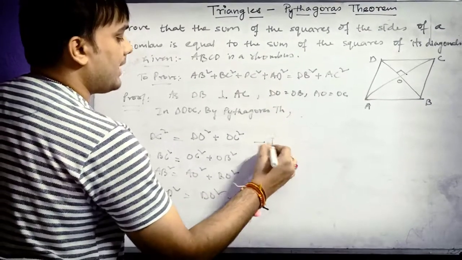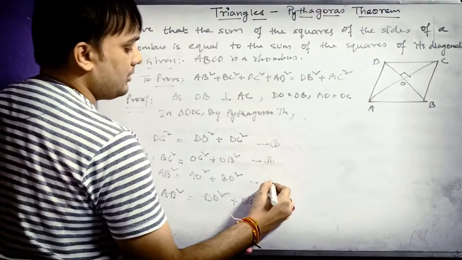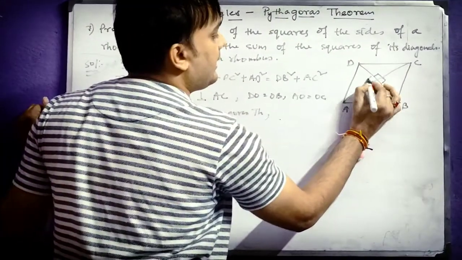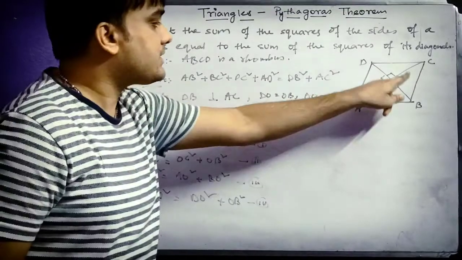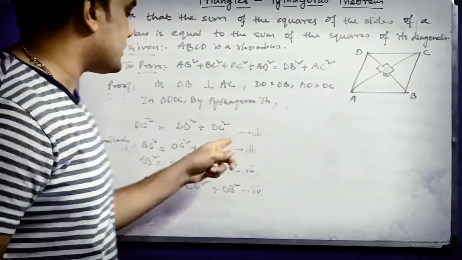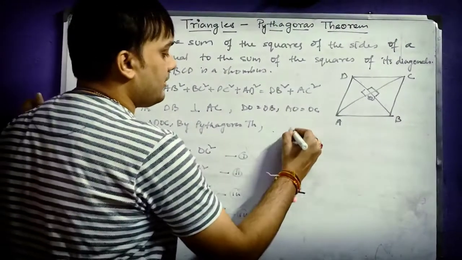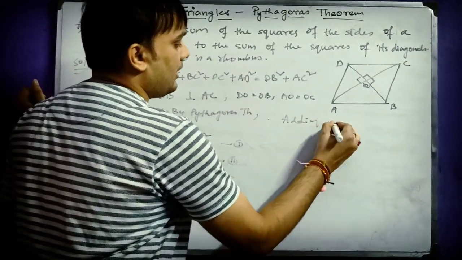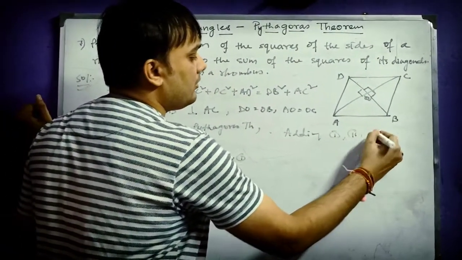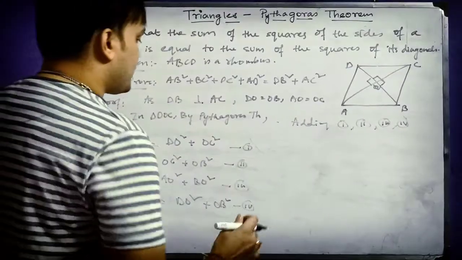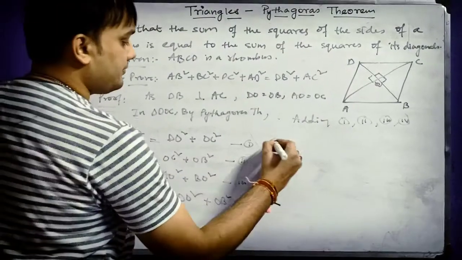So 1, 2, 3, 4, because all these angles are 90 degrees. Applying Pythagoras theorem in all 4 triangles, you get 4 statements. Now you just add these 4 equations.